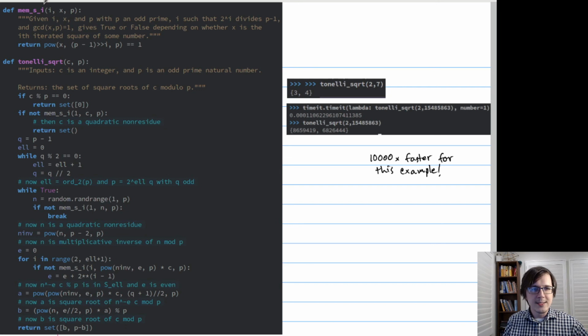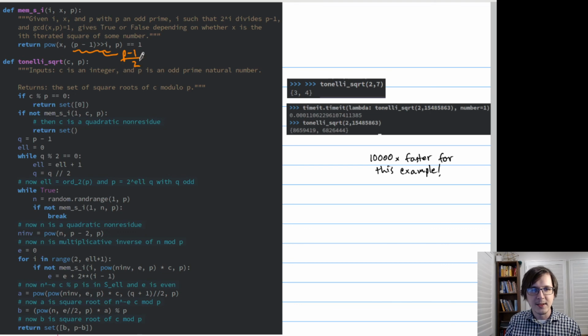One aspect is testing whether x is in S_i. That is one calculation, mod p. For that we calculate x to the power of, here's a little trick in Python, this is the division by a power of 2 operator, so this is p minus 1 over 2 to the i.